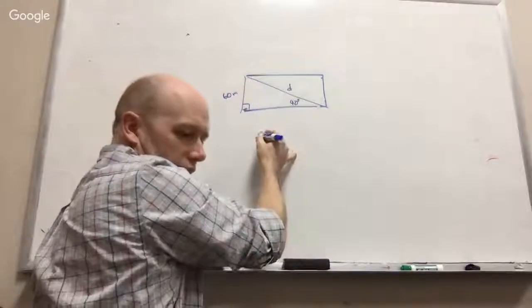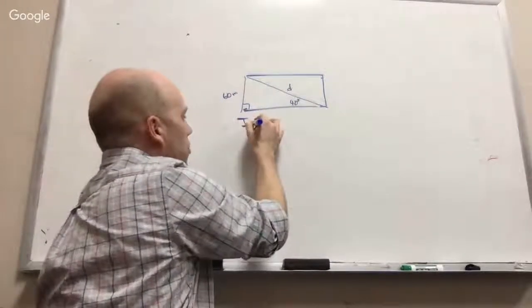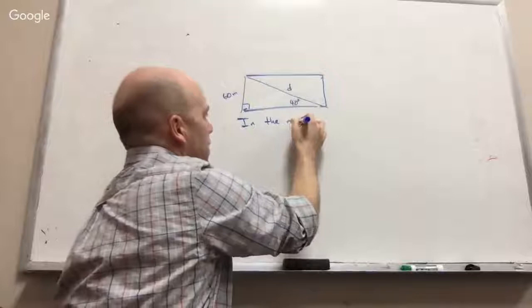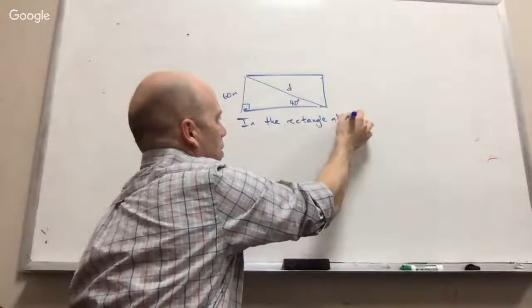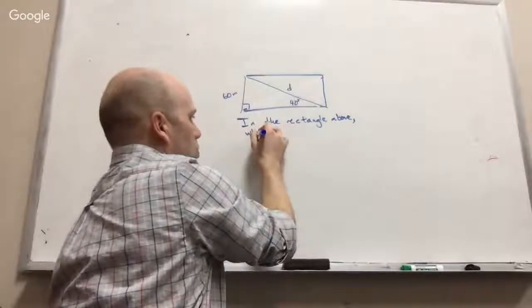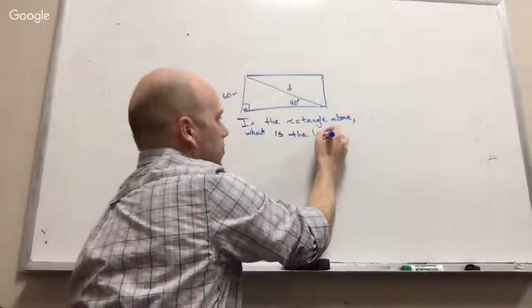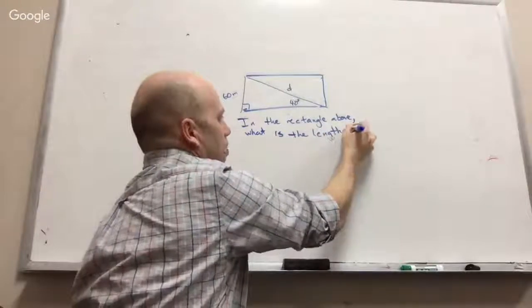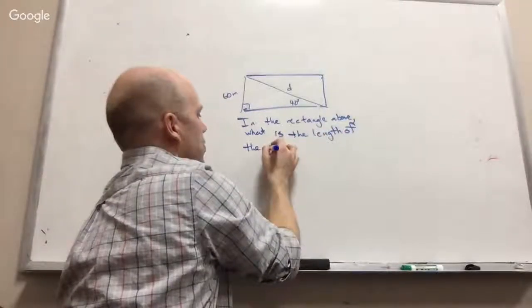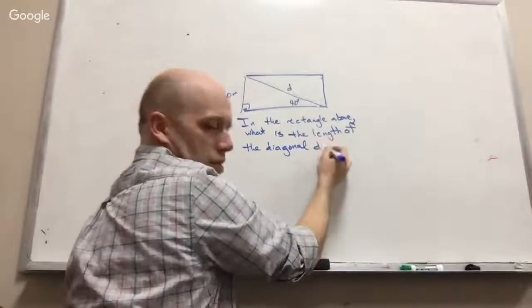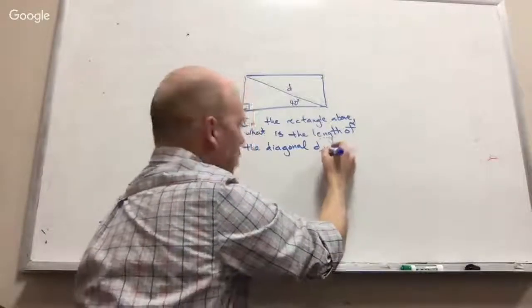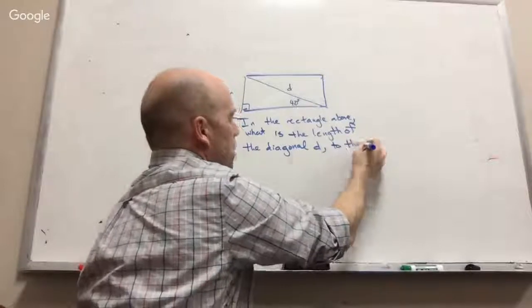Okay. And it asks, in the rectangle above, what is the length of the diagonal D to the nearest tenth of a meter.